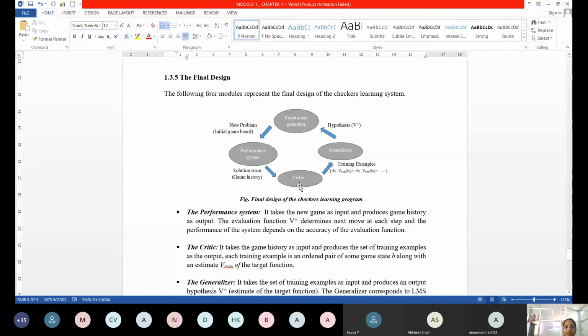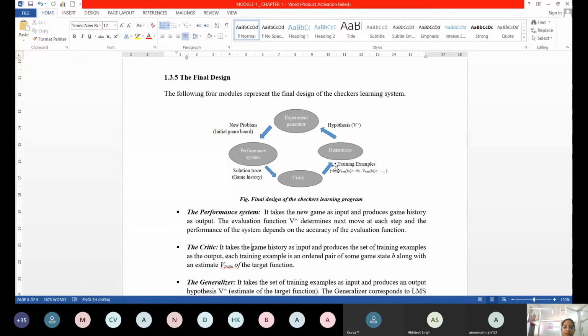Okay, so I have my next stage, that is nothing but the critic. Correct? Critic. So what is my previous output? Game history. This critic will take the game history as the input and produces the set of training examples as the output. So we have seen training examples somewhere, is it right?